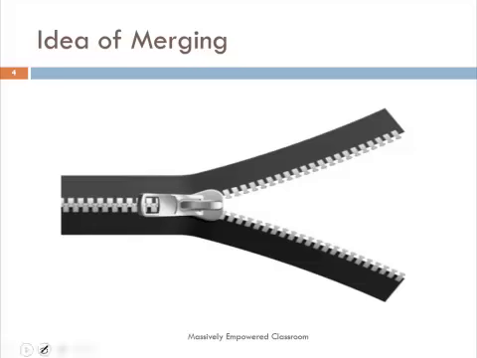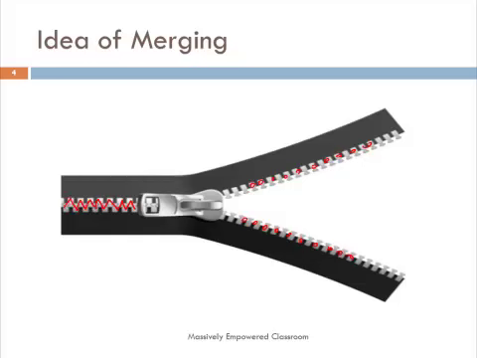The idea of merging two sorted arrays is like the idea of zipping two parts of a cloth together. If you think of these as elements in one of the sorted arrays and these as elements in the other sorted array, when we zip them together, see what is happening. The elements are ordered from left to right, one after the other.